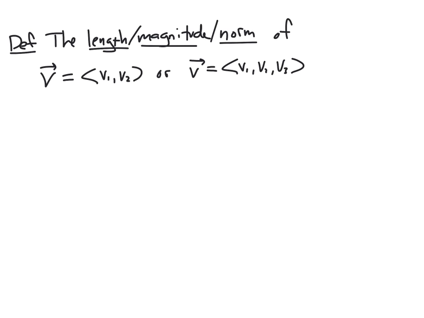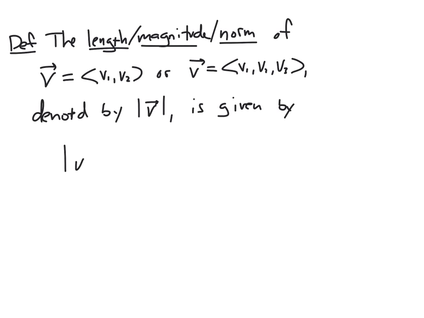So the length, magnitude, or norm of this vector, which is going to be denoted by the vector v in absolute value bars, is given by the following formula.